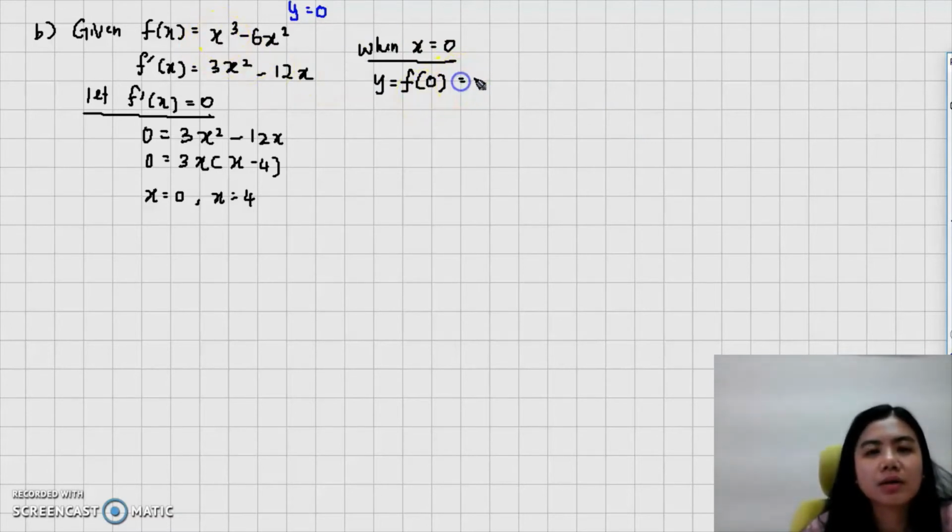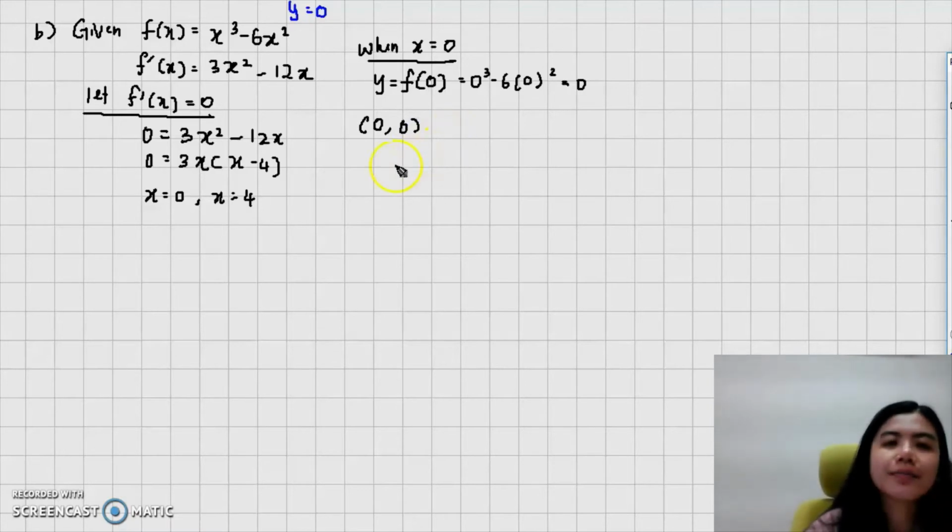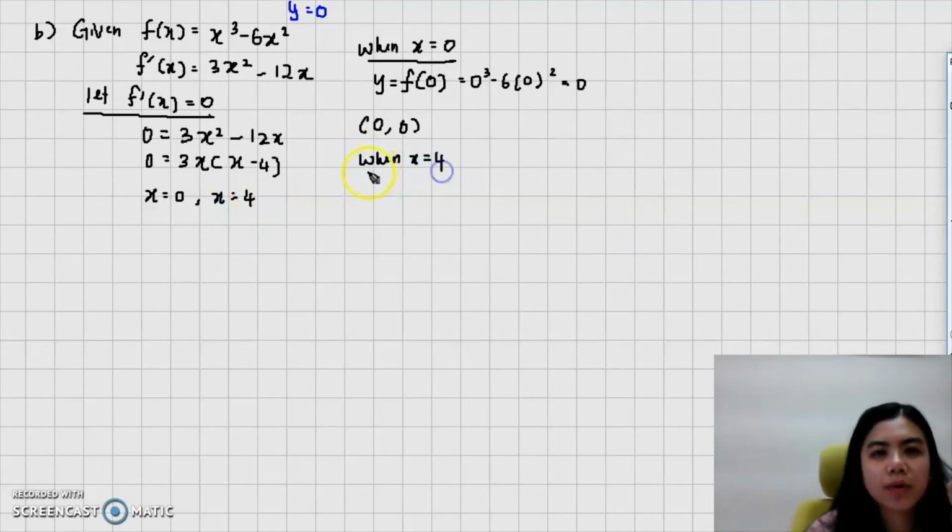We have 0 cubed minus 6 times 0 squared, so this actually gives us 0. So from here you have one coordinate, that is (0, 0). This is the first critical point that you get. And then we have another x, that is when x equal to 4.